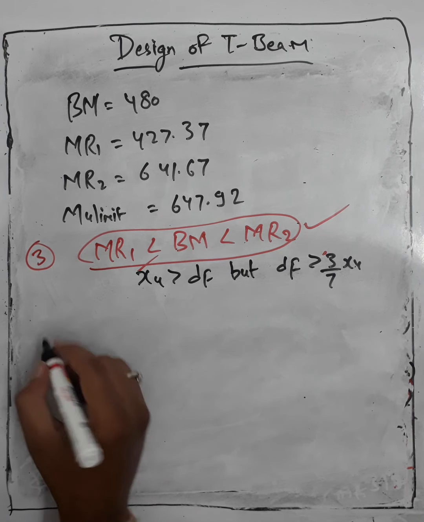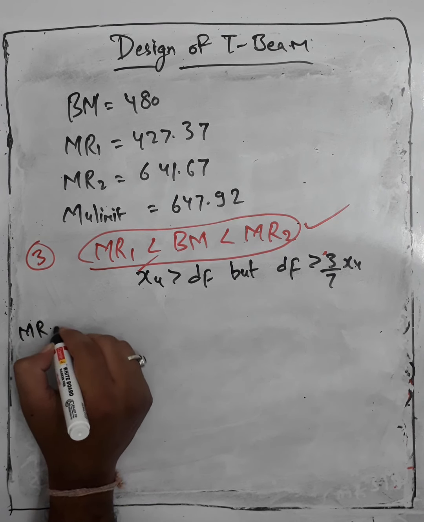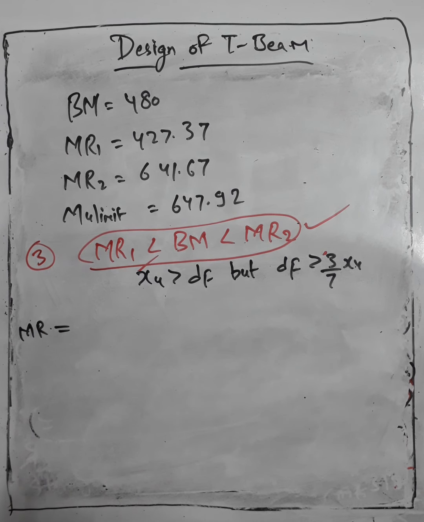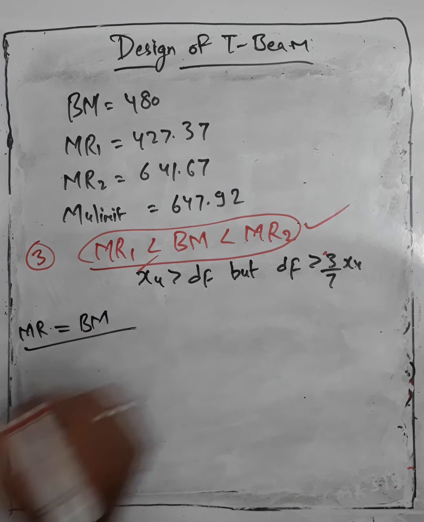So for that we write Mr, because we have to find the xu value. For finding the xu value, put Mr equal to the bending moment.